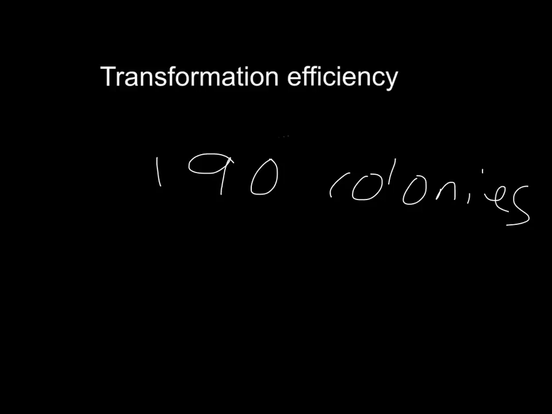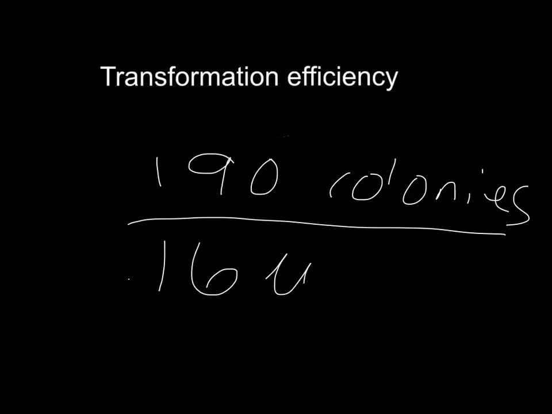So, let's pretend that you had 190 colonies, and, remember from before, you calculated that you had a mass of 0.16 micrograms of your pGLO plasmid. This is going to give you a transformation efficiency of 1,187 transformed colonies per microgram of plasmid. And that is transformation efficiency.